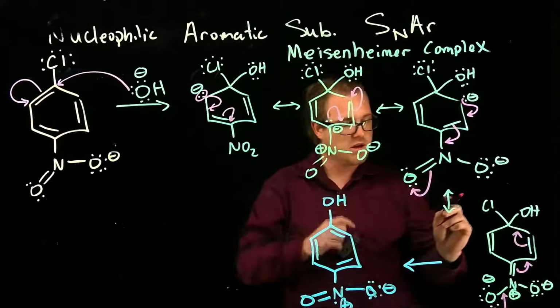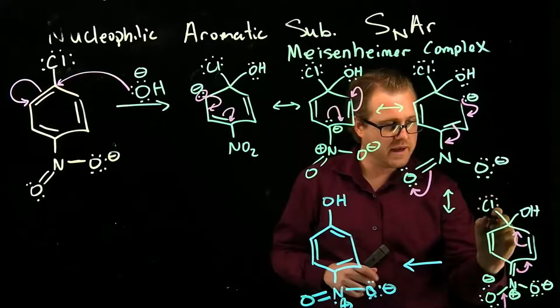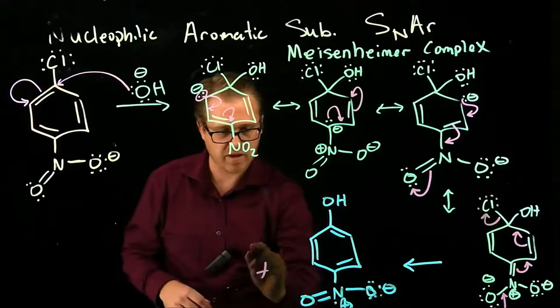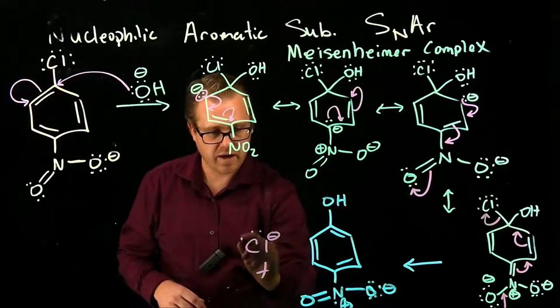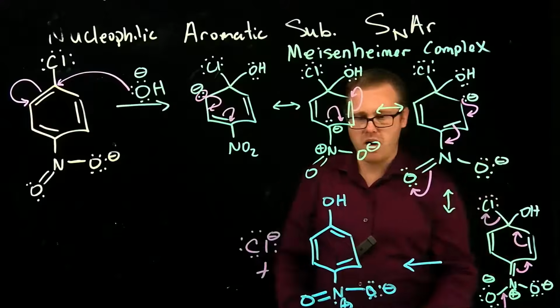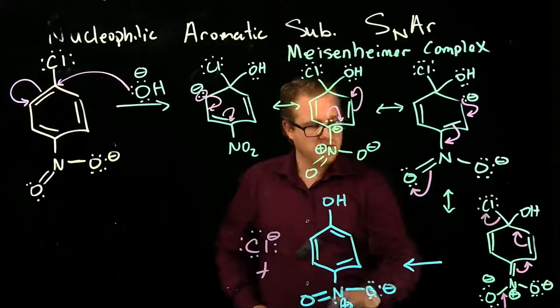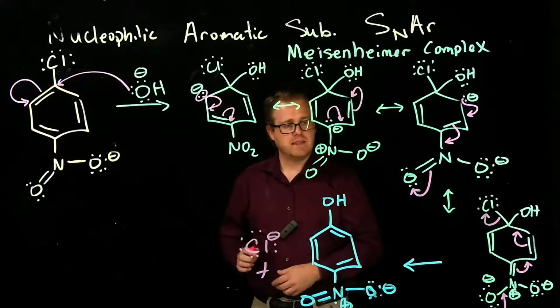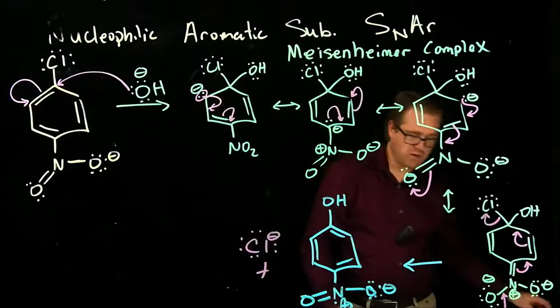I just made a five-bonded carbon, so I need to break that bond right there. So we would get the chloride right there, and we eliminate off the chlorine to give us our compound right there. So that's the mechanism for this transformation.